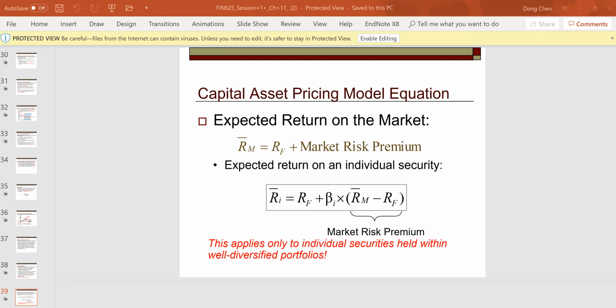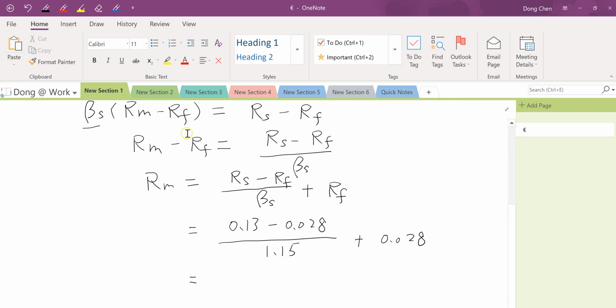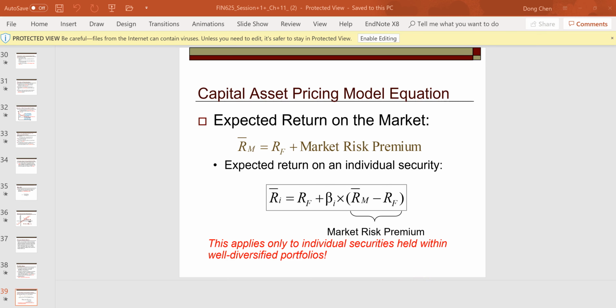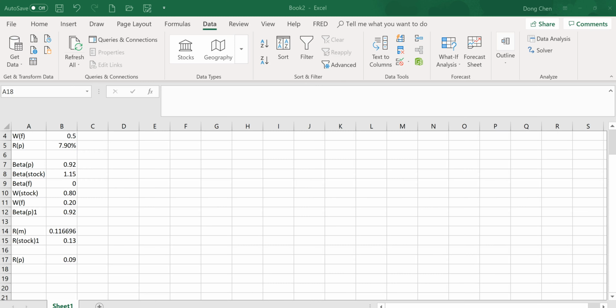Again, if we use algebra, we can do a similar rearrangement of the equation. We can solve out that beta very straightforwardly. But here, I also want to use Excel to solve that equation.